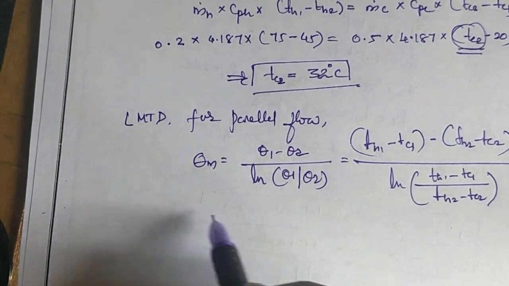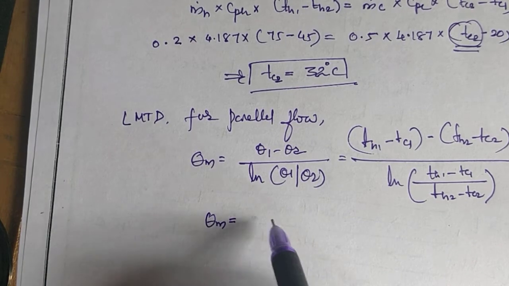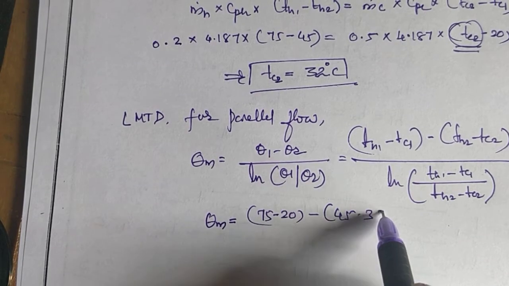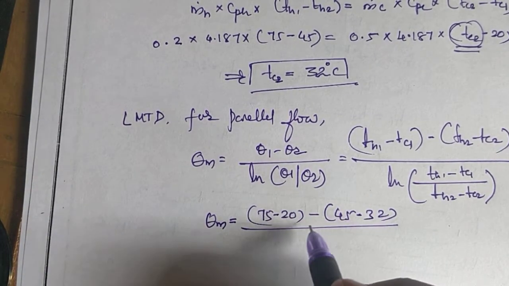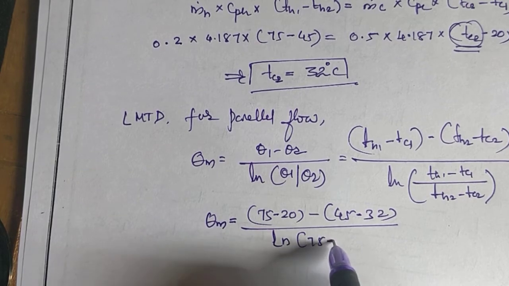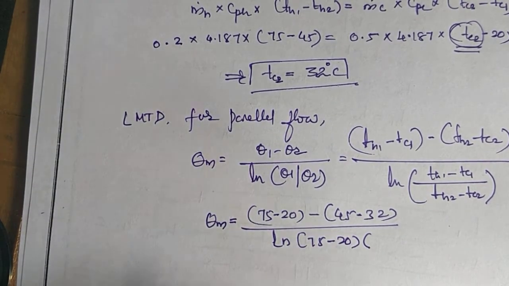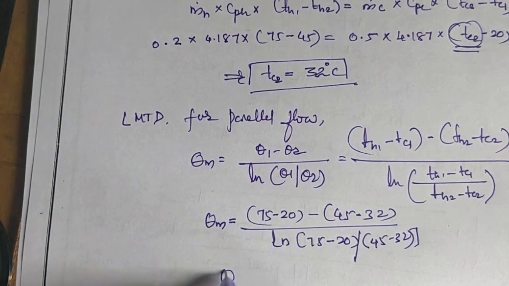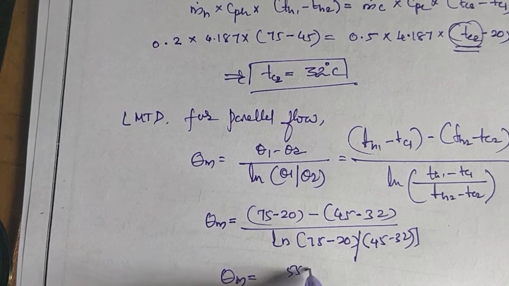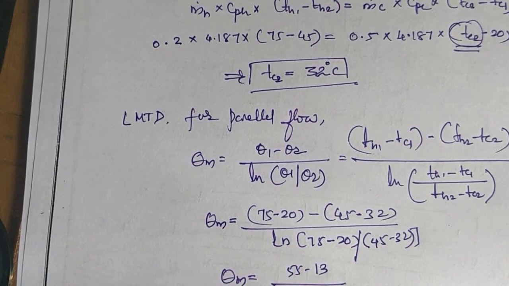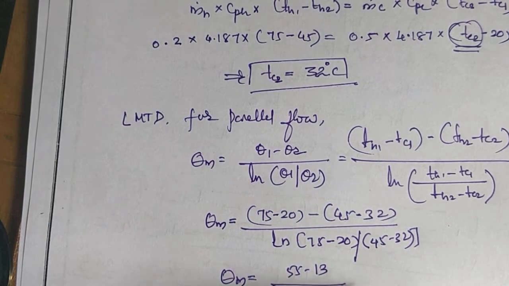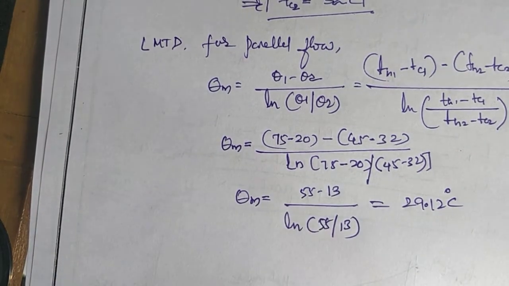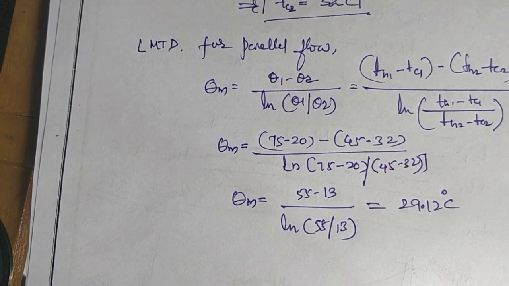Substituting the values: 75 minus 20 is 55, 45 minus 32 is 13, so theta m is 55 minus 13 divided by ln of 55 by 13. We get around 29.12 degrees centigrade as the LMTD for parallel flow.